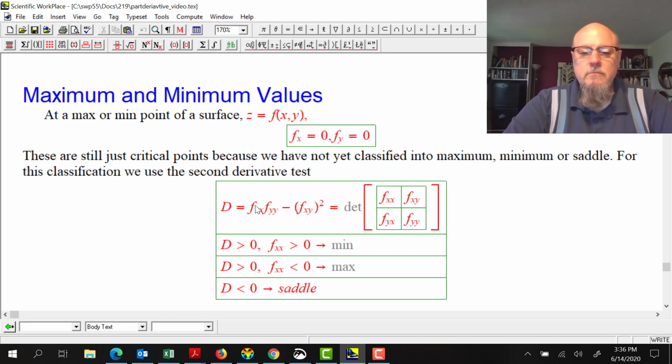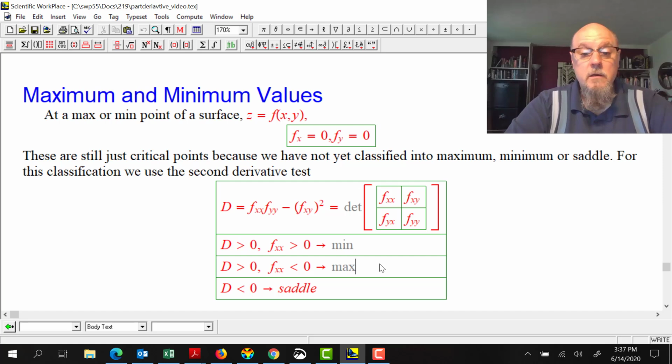If our D value is positive, then it's either a max or a min. How can I tell if it's a max or a min? You just have to check one of the homogeneous partials, f sub xx, if it's positive or negative. This part works just like it does in single variable calculus. And some people will say, can I check f sub yy and get the same result?